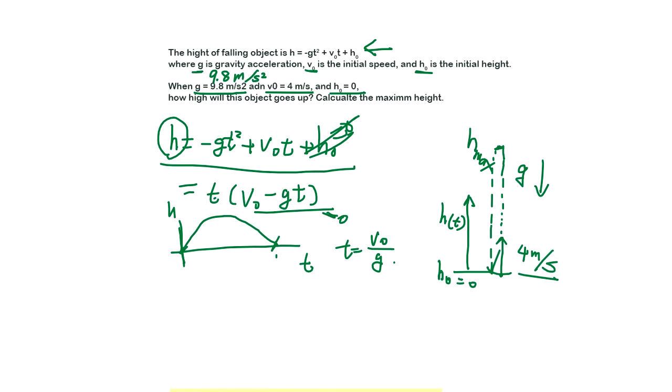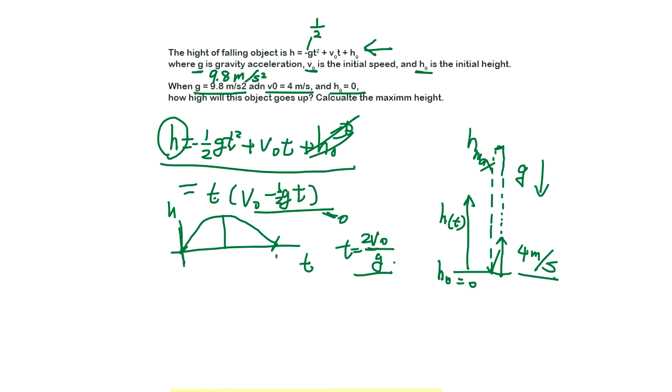Here I think there is some error. Usually it has a 1 over 2 in front. Correct equation. So it's going to be 2v0 over g. The maximum height is right in the middle, right?